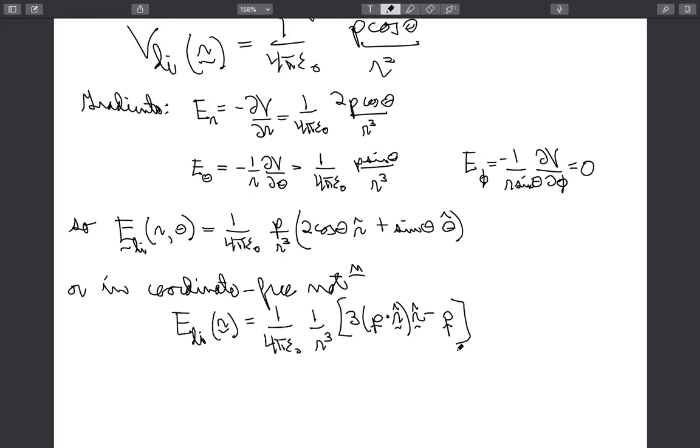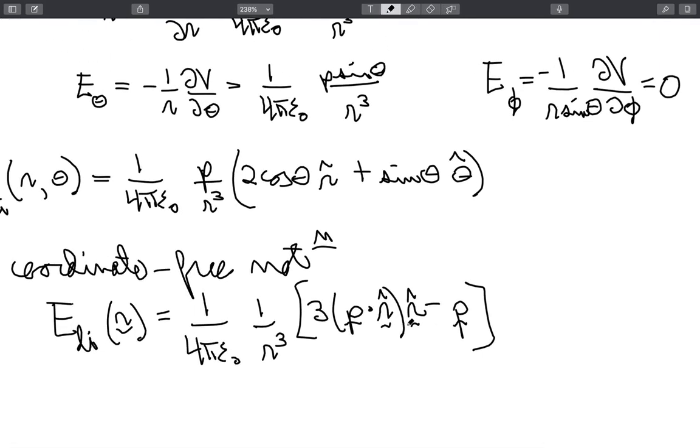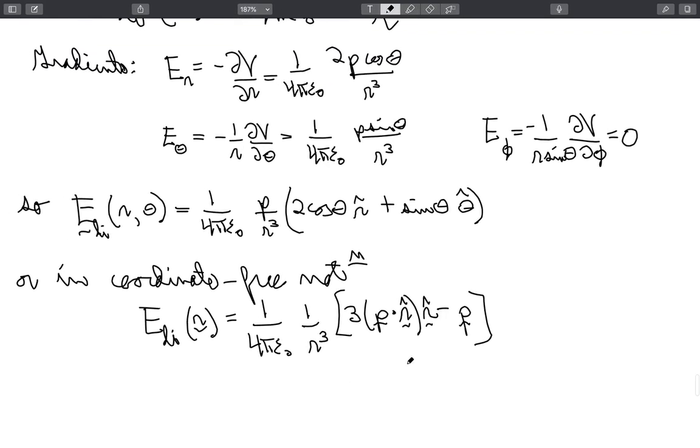Okay, and you can just plug in your favorite coordinate system and verify that this is correct. So this is the proper way of writing it up if you want.